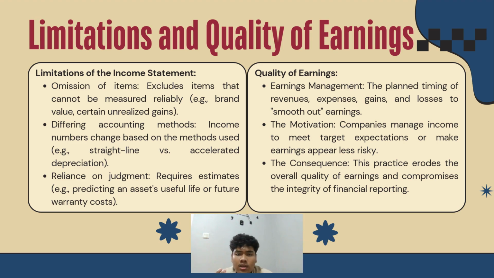This leads to earnings management, which is the planned timing of revenues, expenses, gains, and losses to smooth out any bumps in earnings. While smoothing out earnings might seem appealing, the consequence is severe. It ultimately erodes the quality of earnings and compromises the overall integrity of financial reporting. It obscures the true financial reality of the business.